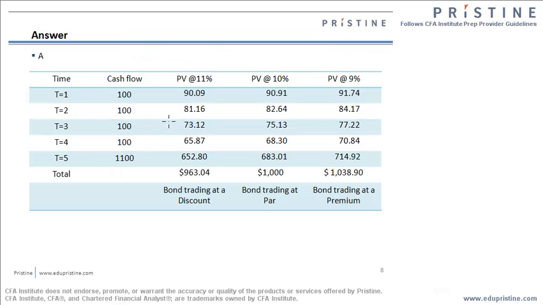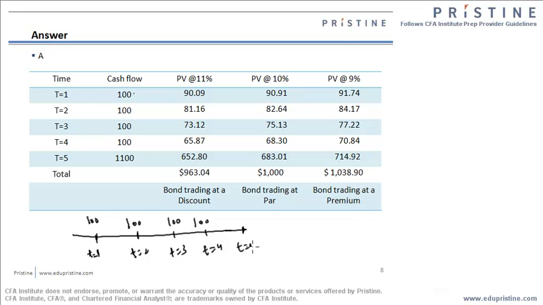The other way can be you calculate the present value of each and every cash flow. Okay, so we have 5 cash flows. At t equal to 1, we have $100. T equal to 2, we have $100. T equal to 3, we have $100. T equal to 4, again $100, and at t equal to 5, we have $100 plus the coupon, so 1100 in total.